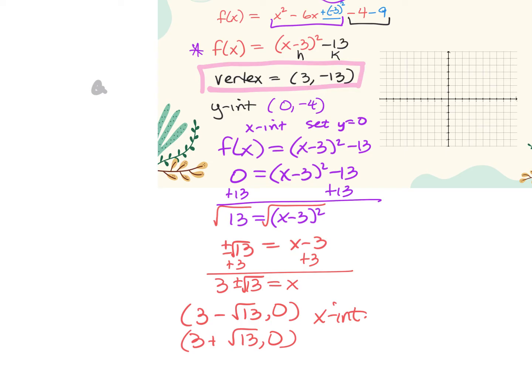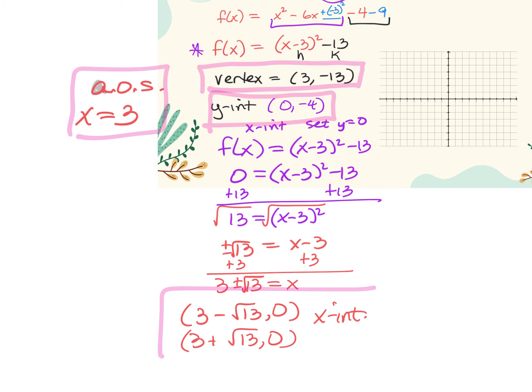So the axis of symmetry is going to be x equals 3. So we're going to give that as an answer, the y-intercept as an answer, and the x-intercepts. All of this will be required to put on the lines as well as to graph it.